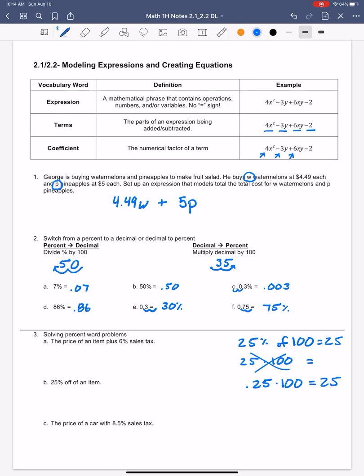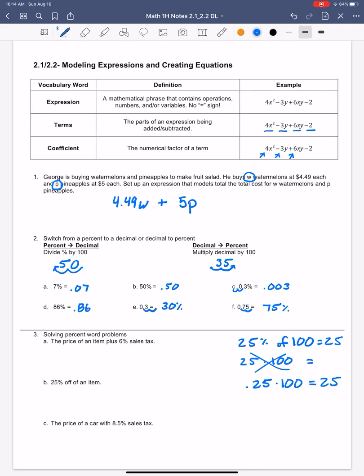So when I'm trying to find a percent of a total, a percent of a number, I multiply by the decimal version of that percentage. Notice I took the 25%, turned it into a decimal, and then multiplied it by 100, and then I can get my answer that way. So that's what we're going to do here.